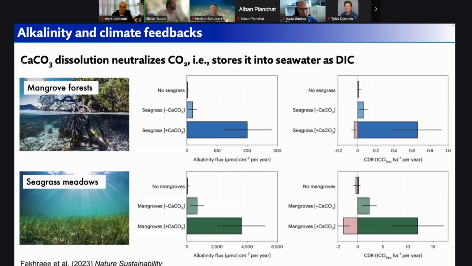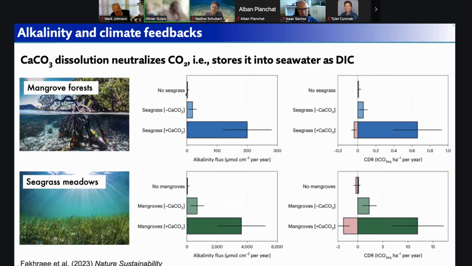The inclusion of calcium carbonate dissolution in some main CDR studies. Here you see results from a model simulation by Fathaye, published two years ago. They modeled the alkalinity flux out of a sediment from mangroves on the top or seagrass meadows on the bottom.